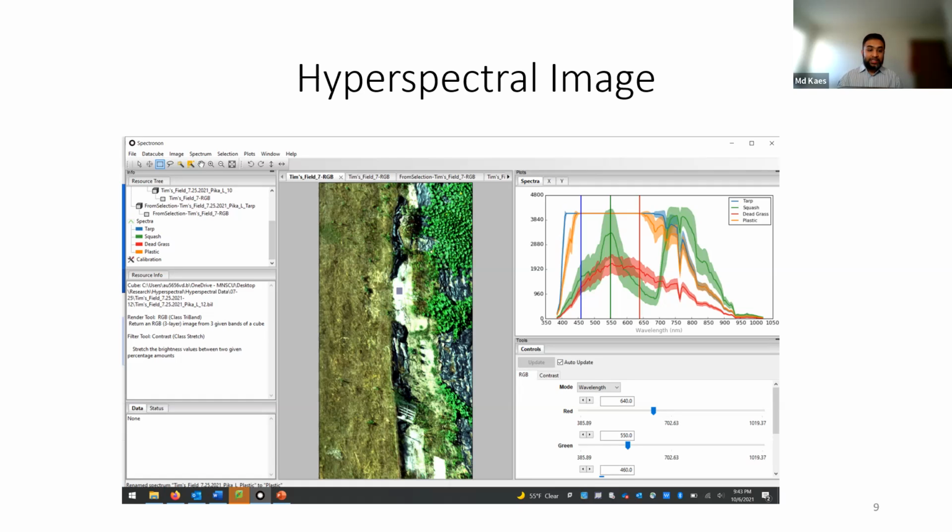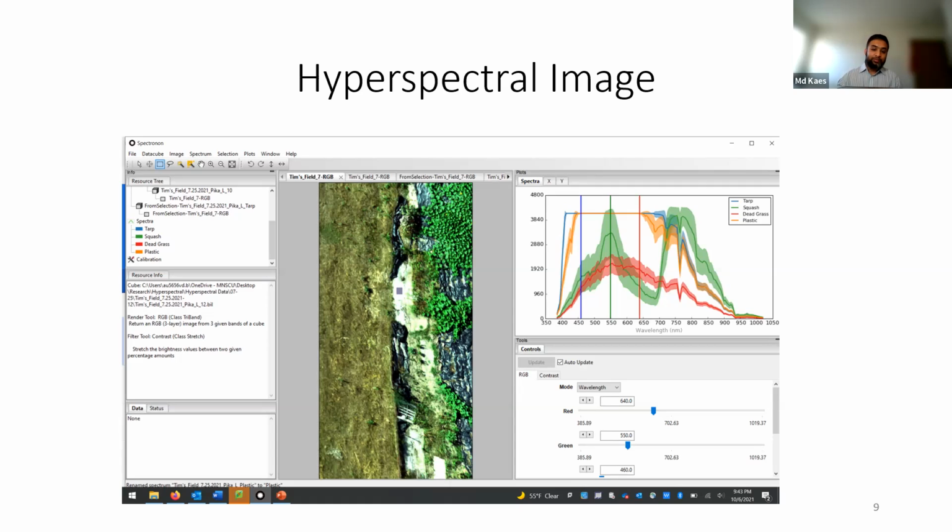On the right-hand side, we can see their spectral curves. Solid lines indicate the mean, and the shaded regions indicate the standard deviation. Notice there are regions where there is considerable overlap in the curves, but there are also regions where there are clear differences.